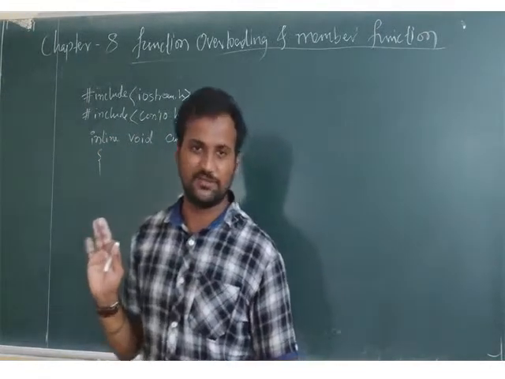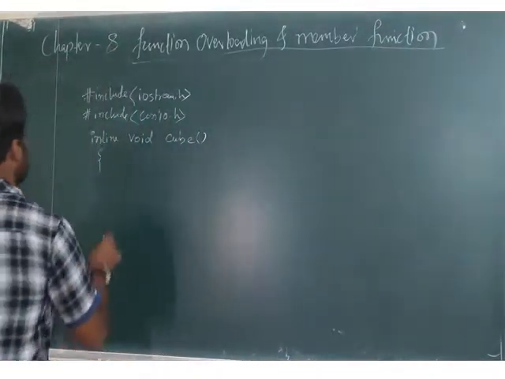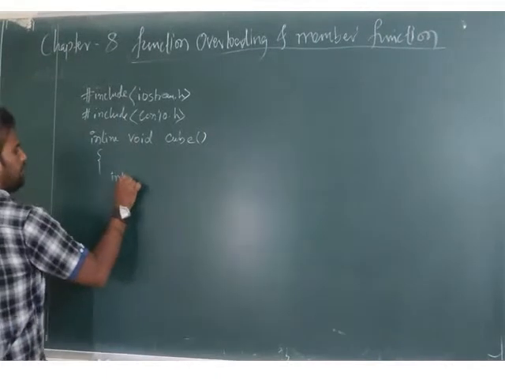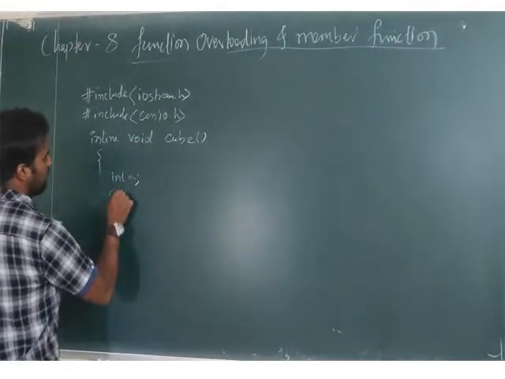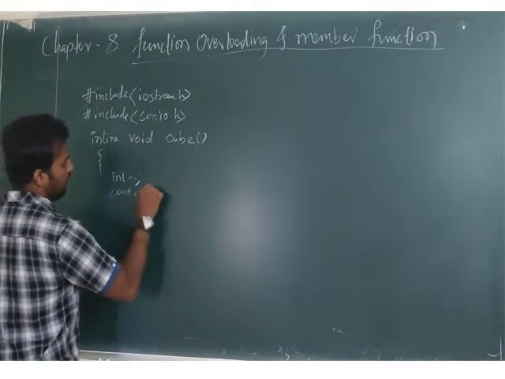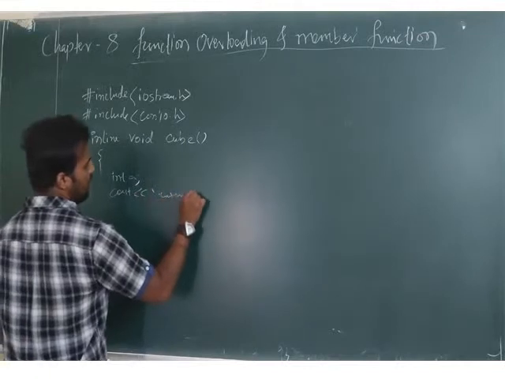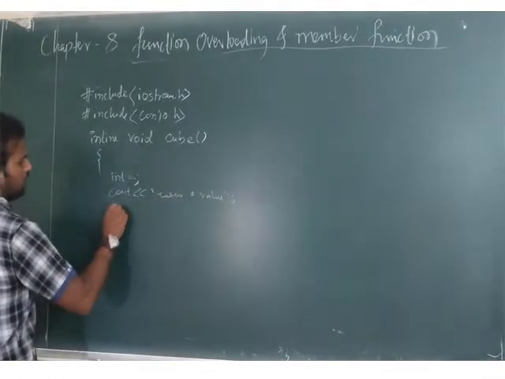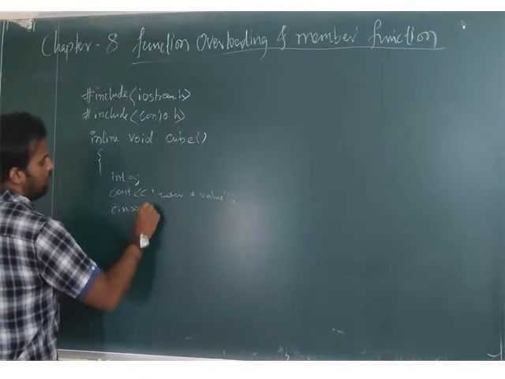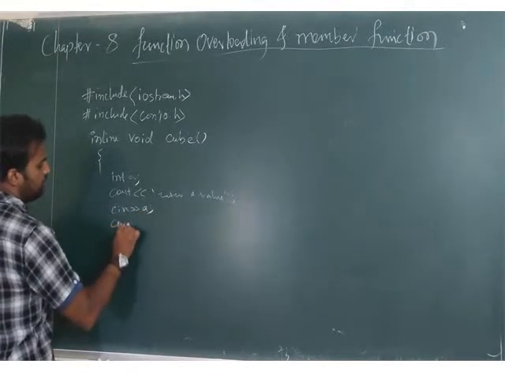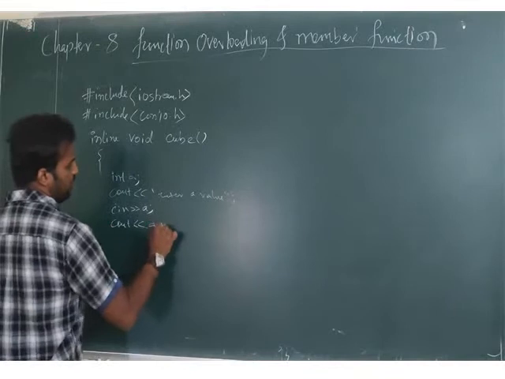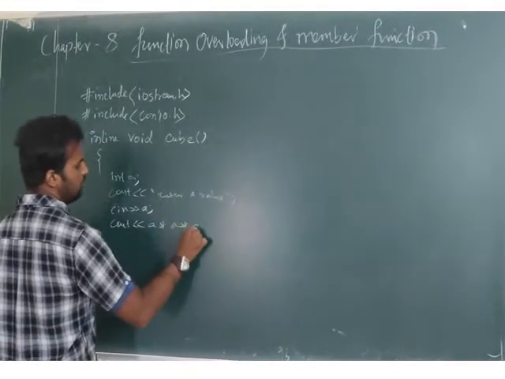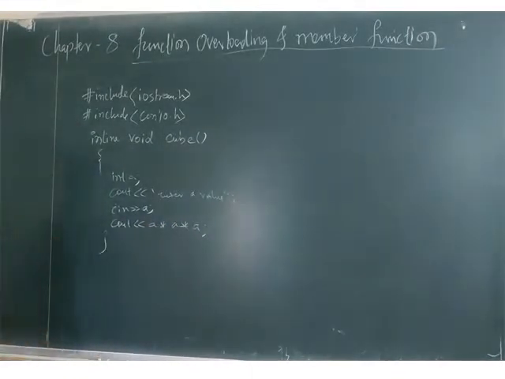Simple, right? Now what do we do? We take a variable for the formula. Enter a value, whatever the value for a, we have to enter. Then input a. Then display area of cube: a into a into a. That's it.